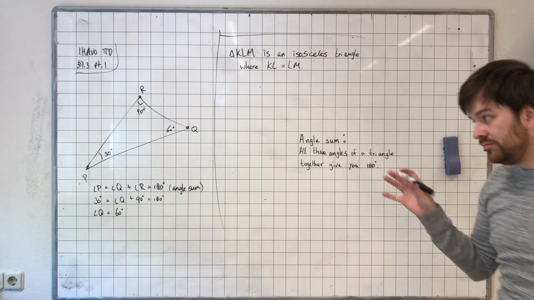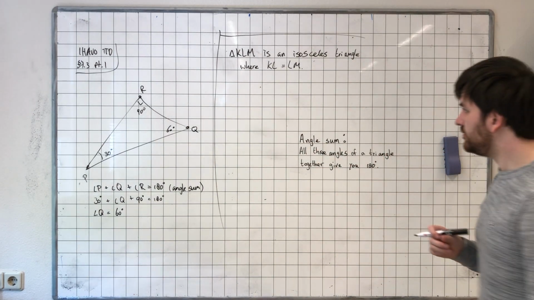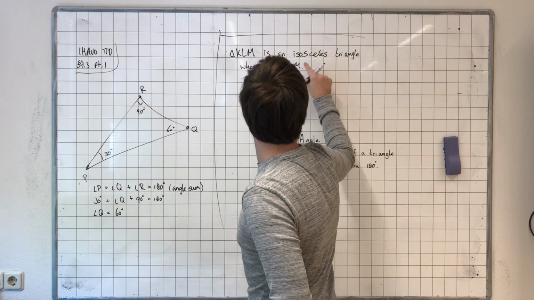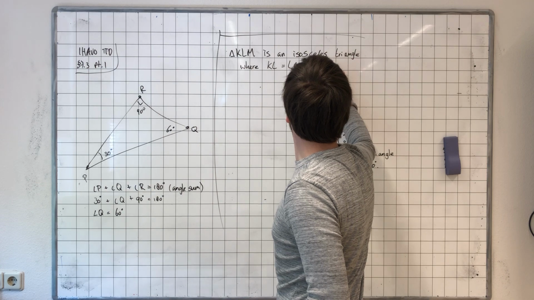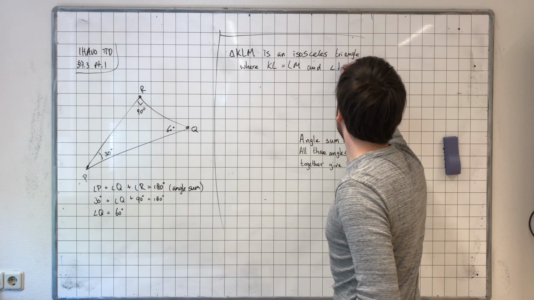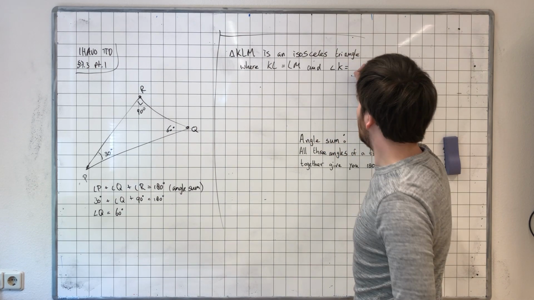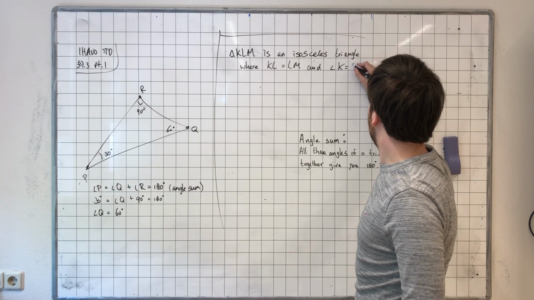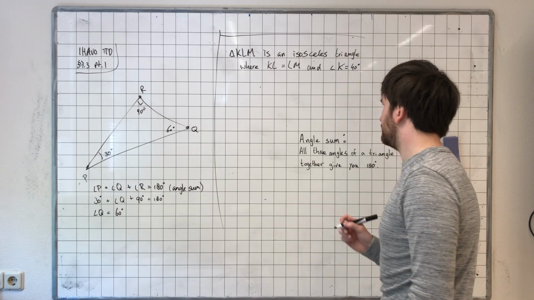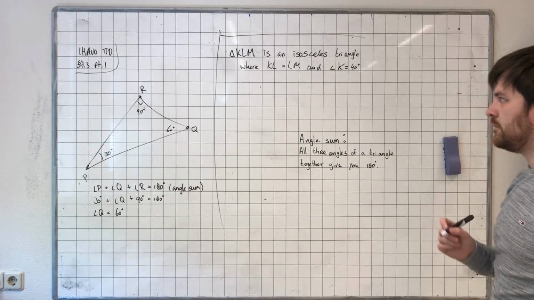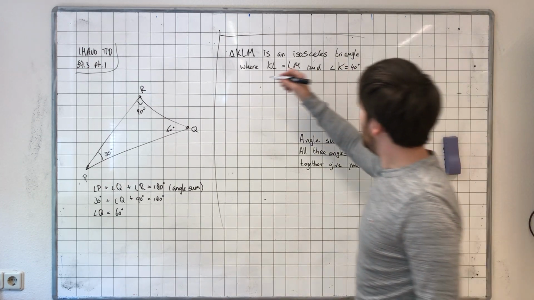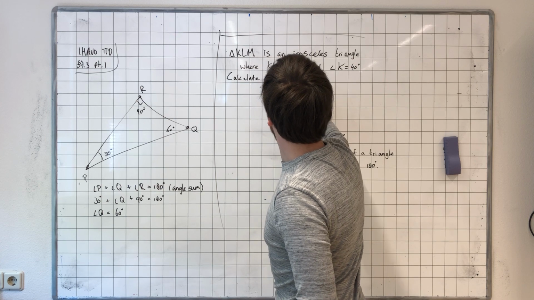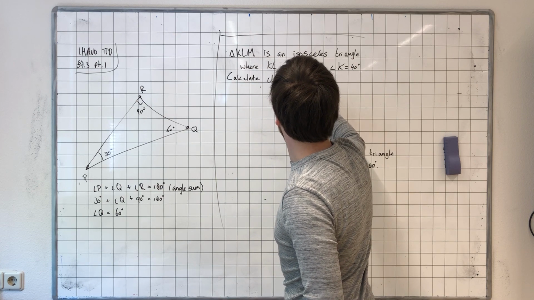That's something they'll give you, and also I'm going to give you that angle K is equal to, say, 40 degrees. Calculate angle L and angle M.